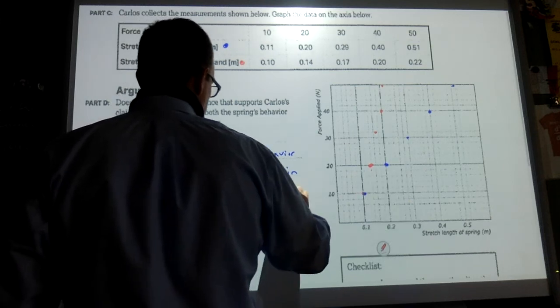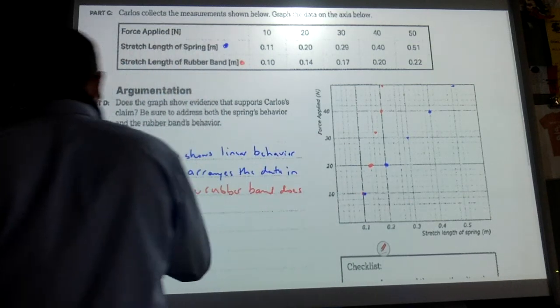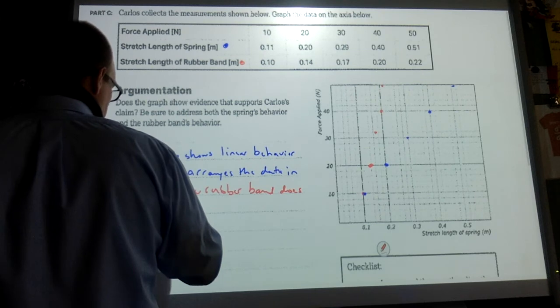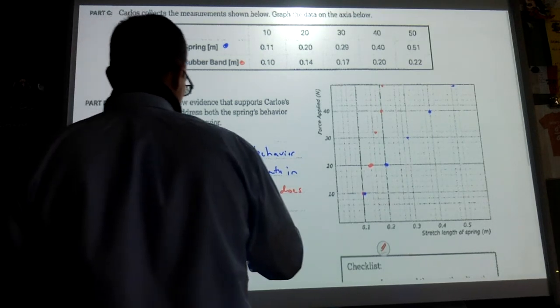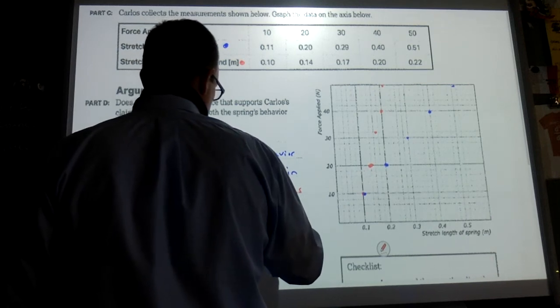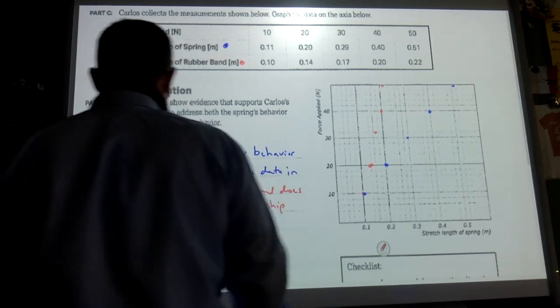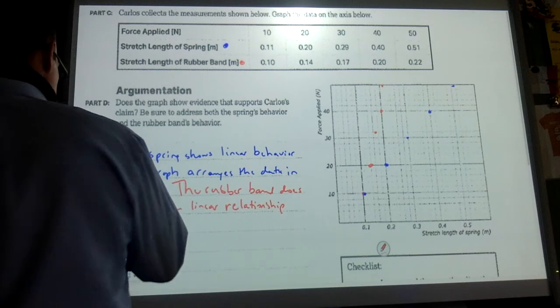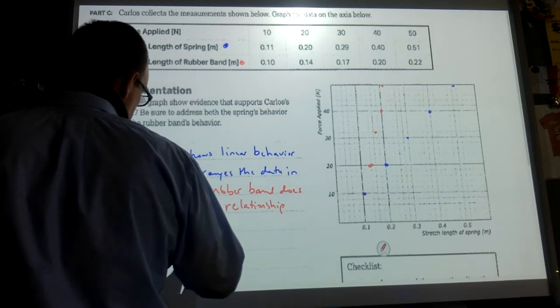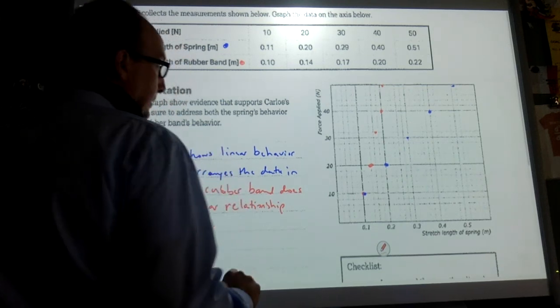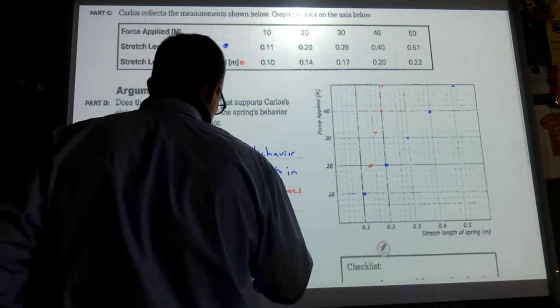The rubber band does not show a linear relationship. The data is not linear.